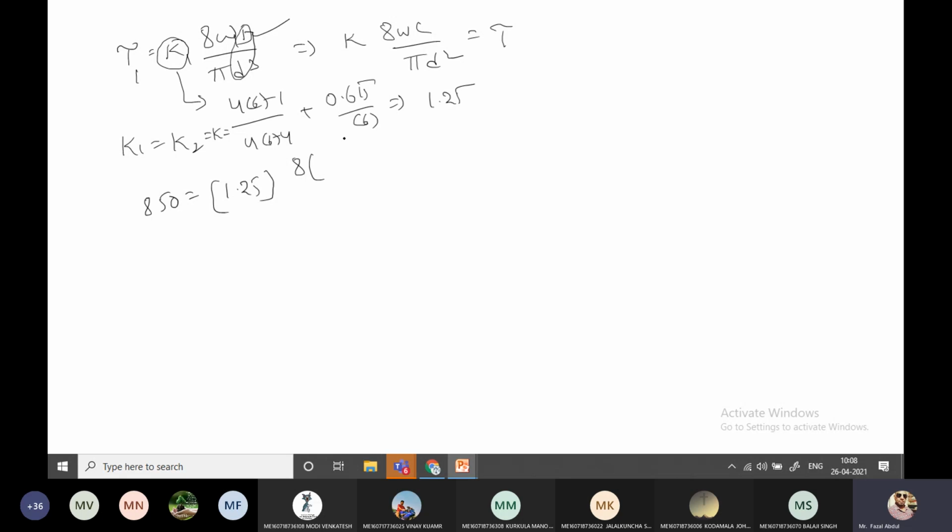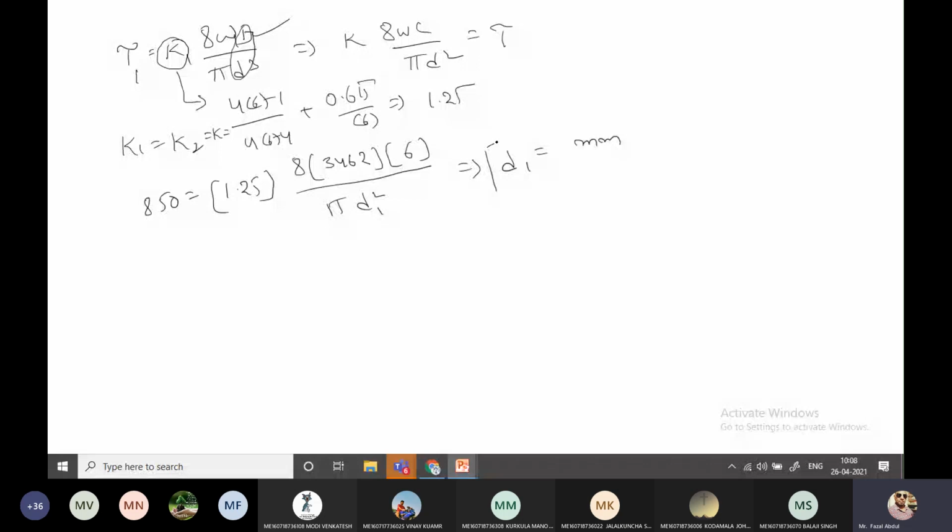So how much did we get for W1? 3462, into 6 by pi d square. Now with this equation we will get the d1 value in terms of mm.